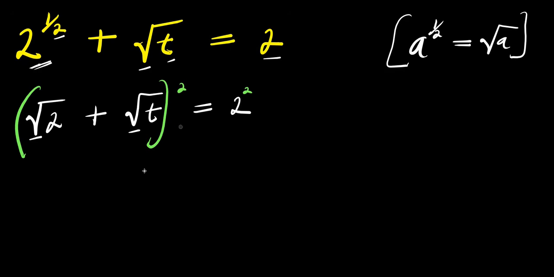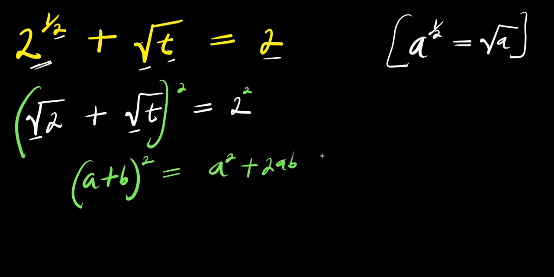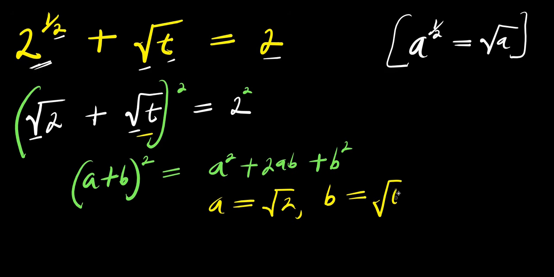Now let's consider this identity. If you have a plus b raised to the power of 2, this equals a squared plus 2 times ab plus b power 2. And in this case, a is root 2, while b is square root of t.